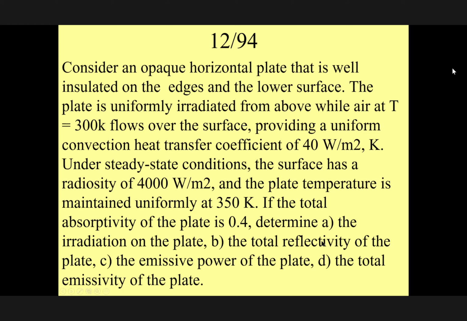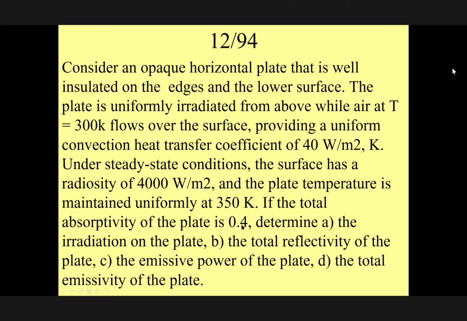He also mentioned to find the reflectivity and emissivity of the plate. Again, we go back, trying to understand the problem. It mentioned already that the absorptivity is 0.4. This is a portion of the information given to us. But also at the beginning, it mentioned the surface is opaque. What does that mean? Opaque means the transmissivity is equal to 0.